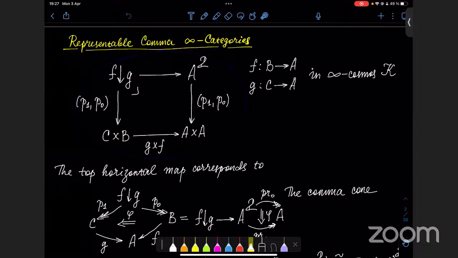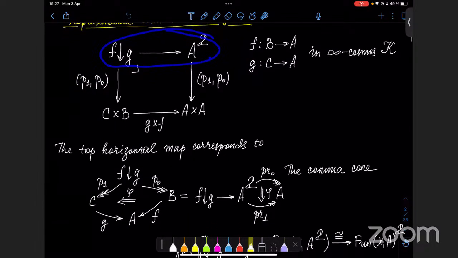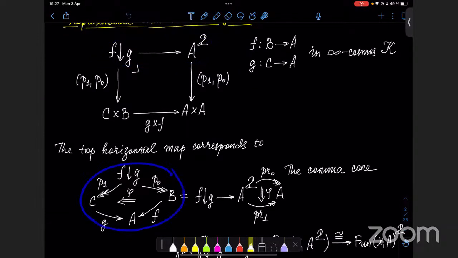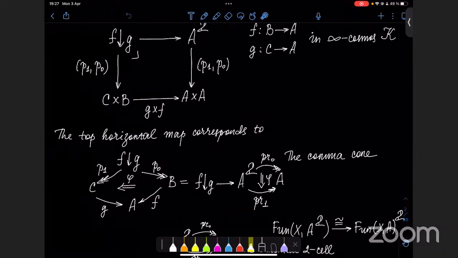Recall that A^2 means that it is an arrow category, so 2 stands for the nerve of the walking arrow, and we have the following diagram. The top horizontal map corresponds to the following 2-cell, and this correspondence is via the following whiskering.